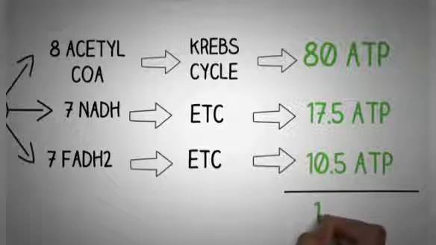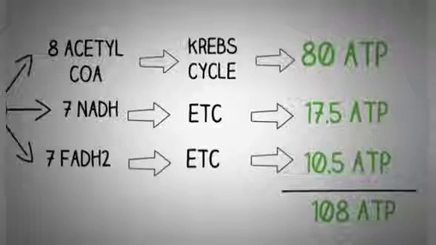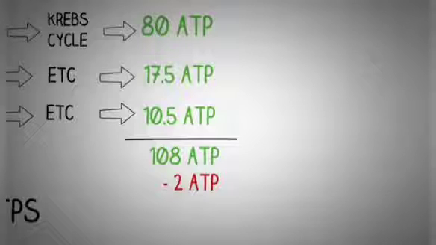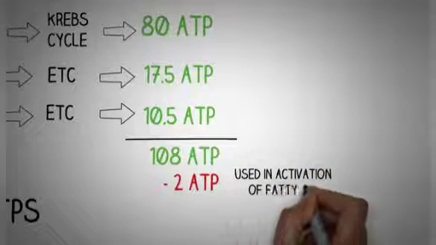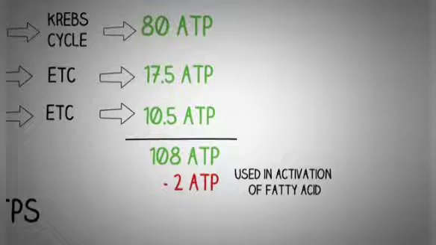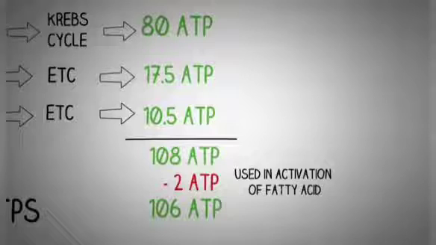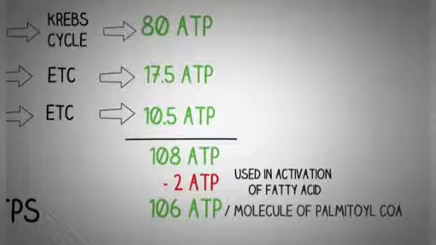In total we have 108 ATPs. From this, it is essential to deduct 2 ATPs which are utilized in the activation of palmitoyl-CoA. So the energy yield through a 16 carbon fatty acid is 106 ATPs per molecule of palmitoyl-CoA.